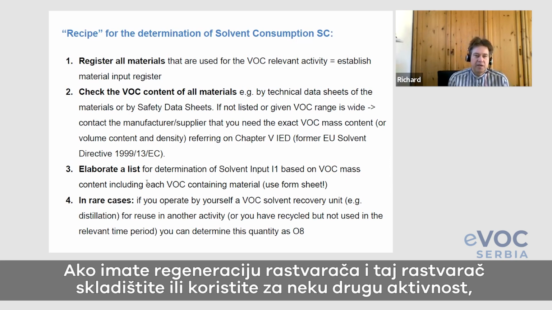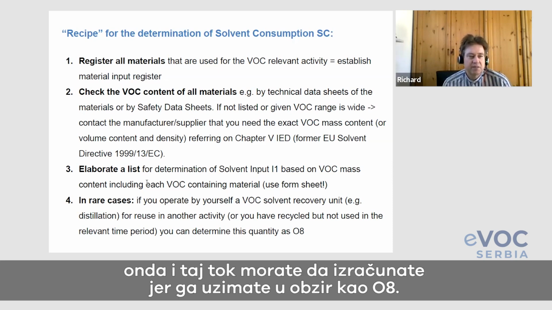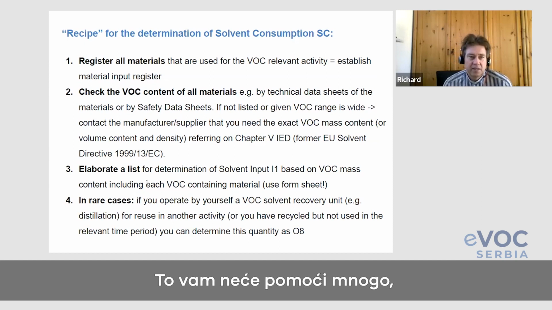And if you have solvent recovery and you store the materials or use it for another activity, then you must determine that flow, because then you can take it into account as O8, and it will not help you much.